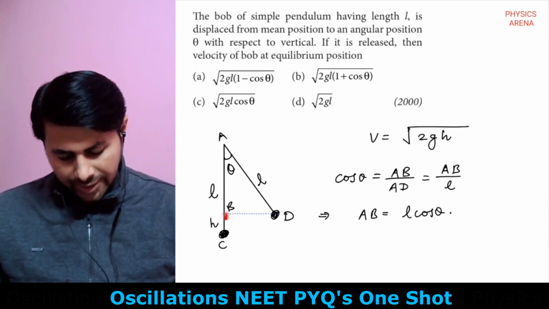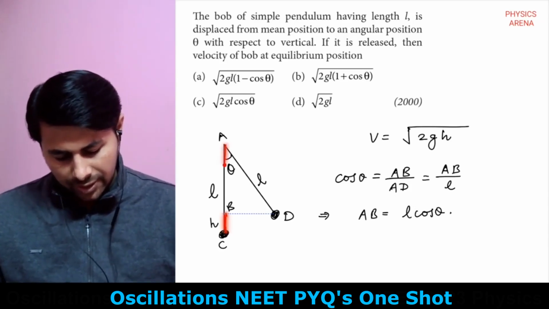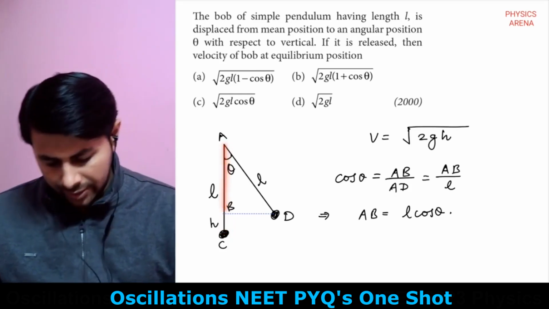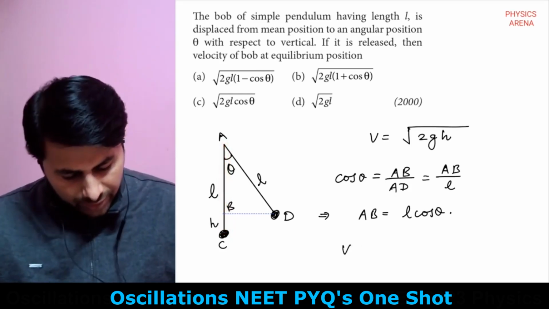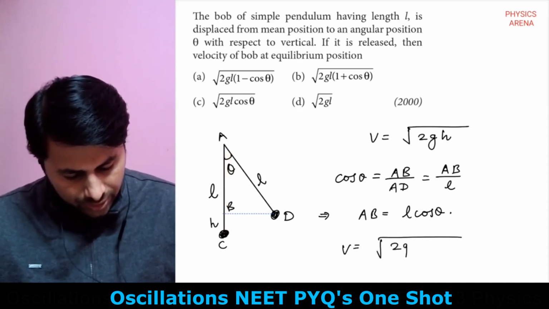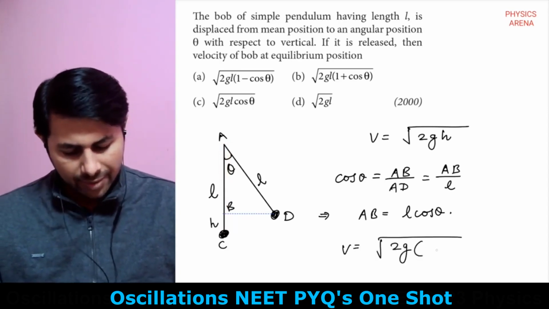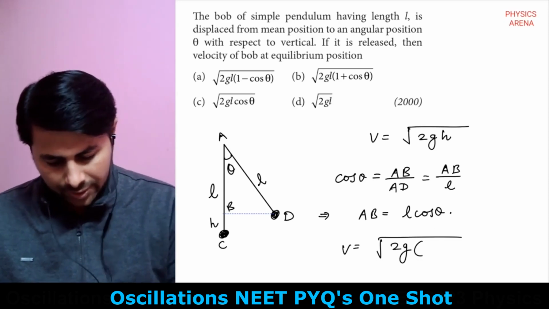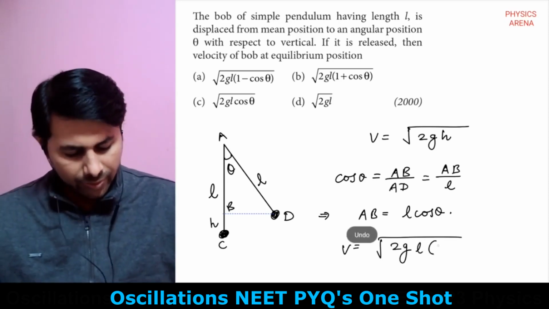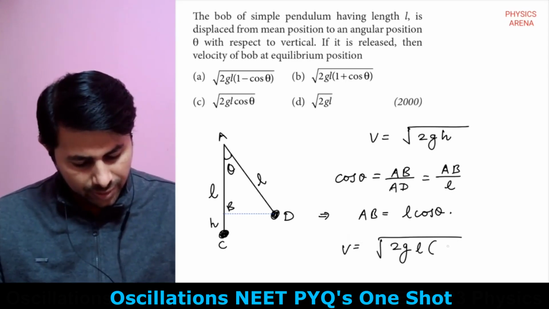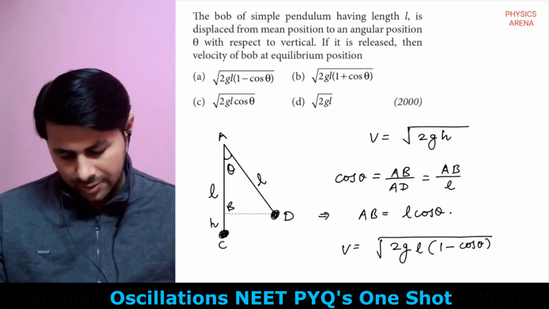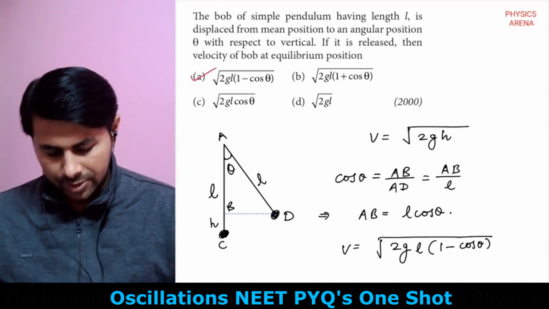So you want h. h is equal to L minus L cos theta, this length. So v equals root of 2g multiplied by L minus L cos theta, or you can take L common. If you take L common, it is 1 minus cos theta. It's option A.